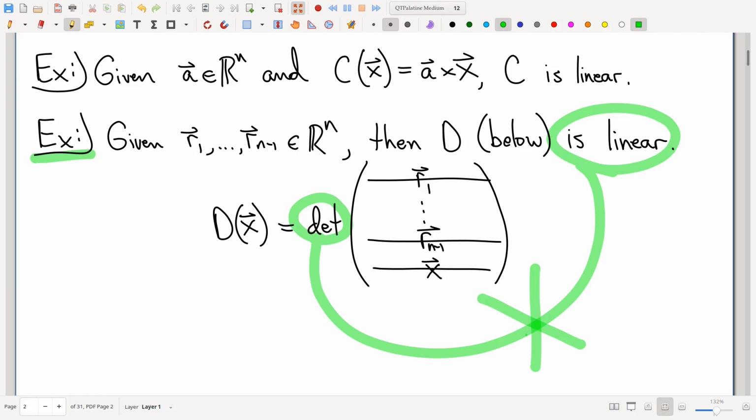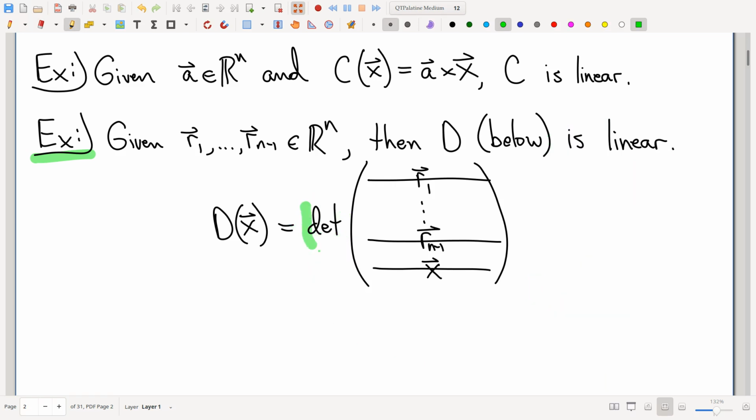In fact, determinant is not linear. There are easy counterexamples. By the way, as a nice little exercise, if you want to, try to come up with an example of why determinant is not linear. The big point to keep in mind is that determinant is a function that takes as its input an entire matrix.